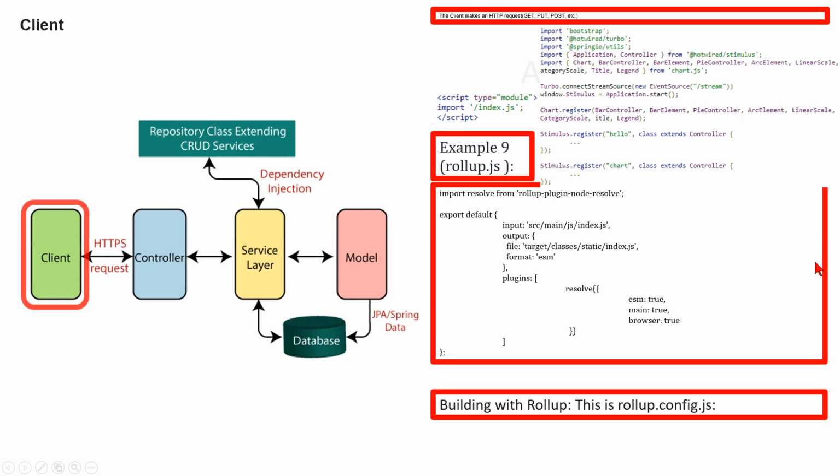And rollup creates a new index.js in target/classes/static, where it will be picked up by the executable jar. Because of the action of the resolve plugin in rollup, the new index.js has all the code that is needed to run our application.